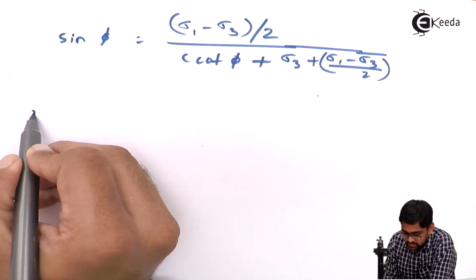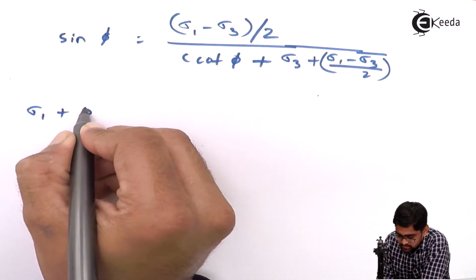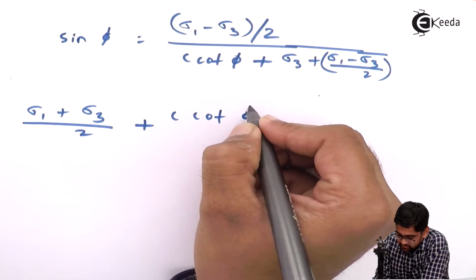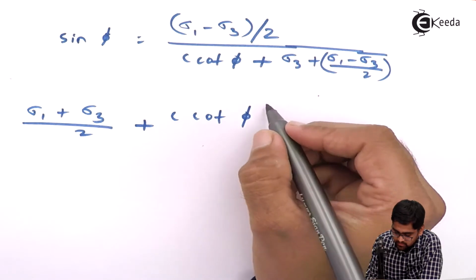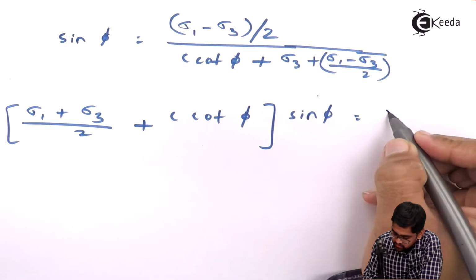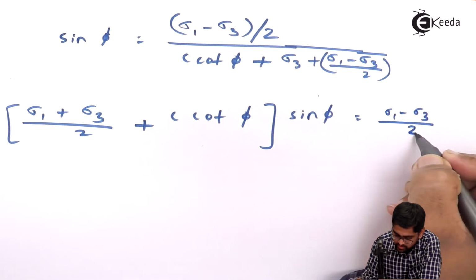So you will get sigma 1 plus sigma 3 divided by 2 plus C cot phi, whole thing into sin phi, equal to sigma 1 minus sigma 3 divided by 2.